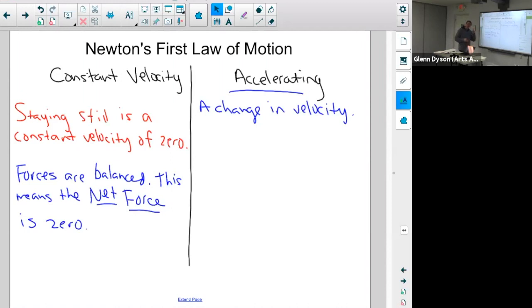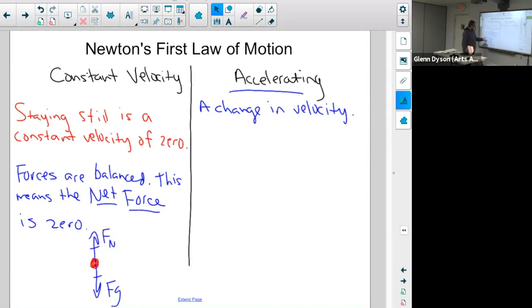In terms of net force, which we've just been learning about, net force, and this whole process that you're doing with the chart and everything is how to figure out the net force. But in terms of net force, if an object's moving at a constant velocity, what it means is that the net force acting on it is 0. The net force on it has to be 0. Now, that doesn't mean there's no forces. It means that when you add them all up, it comes out to 0.